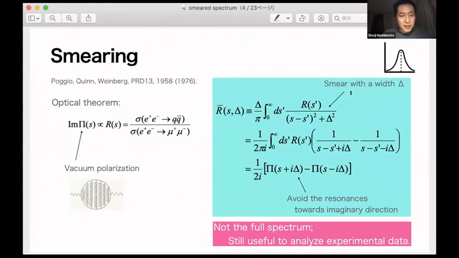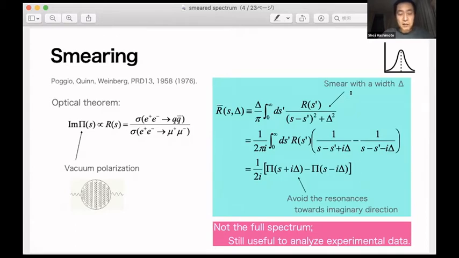Some years ago, 40-something years ago, Poggio, Quinn, Weinberg introduced the smearing of the spectral function, in this particular case the R ratio for e+ e- to q qbar. Initially the spectral function has lots of sharp peaks and bumps and many interesting structures.